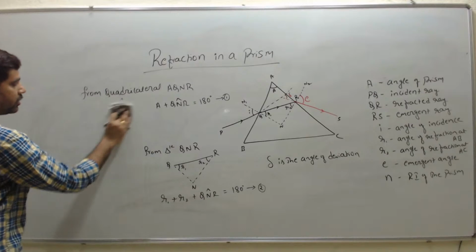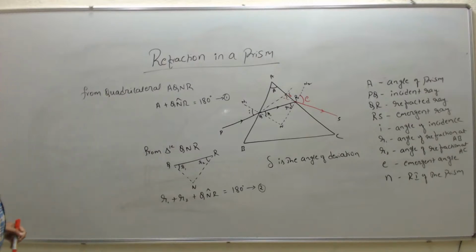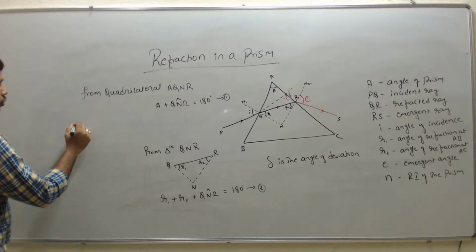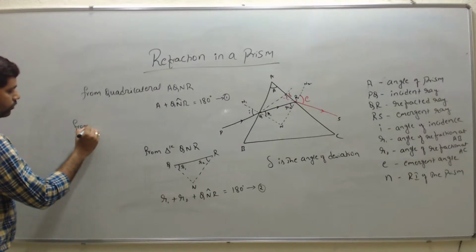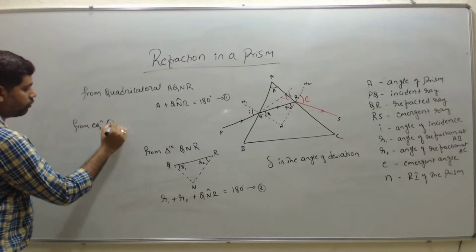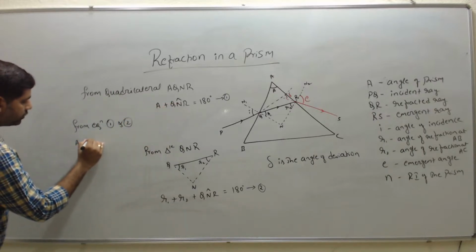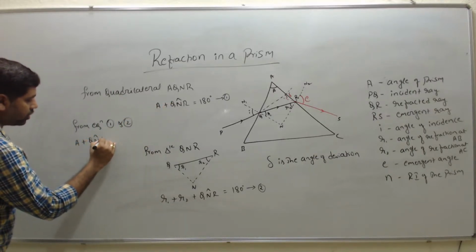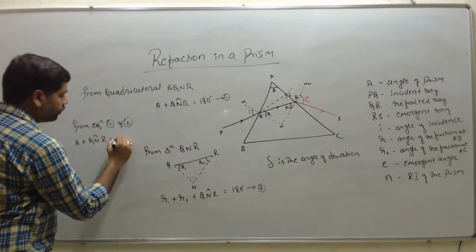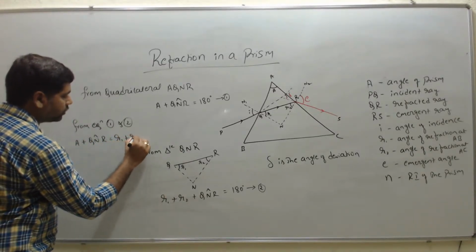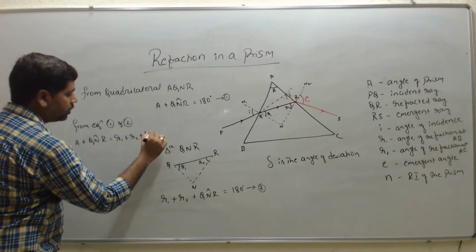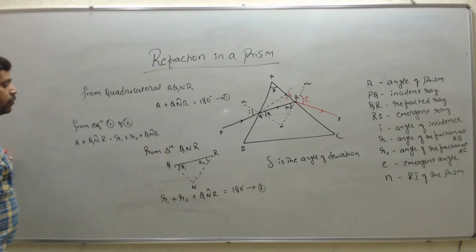So if I equate equations 1 and 2, that is, angle A plus angle QNR equals R1 plus R2 plus angle QNR.